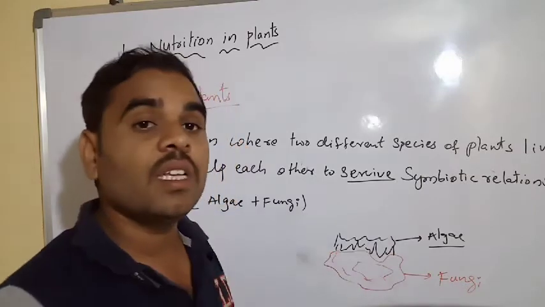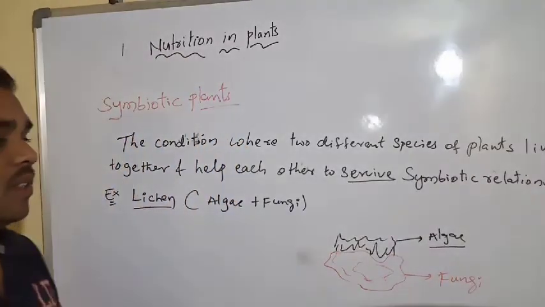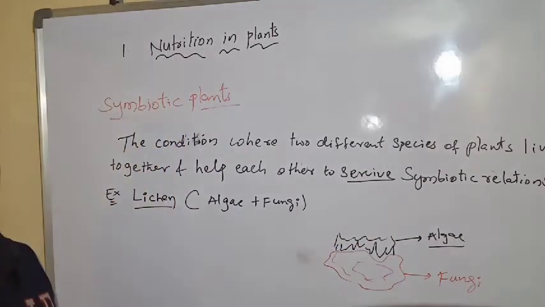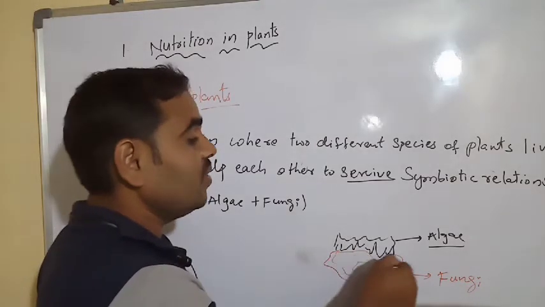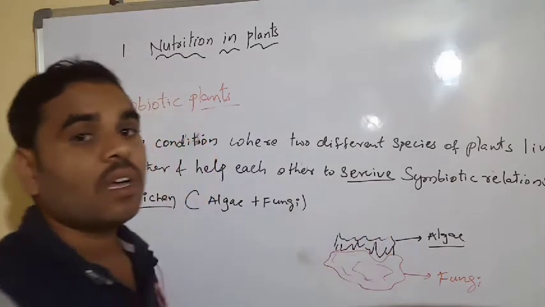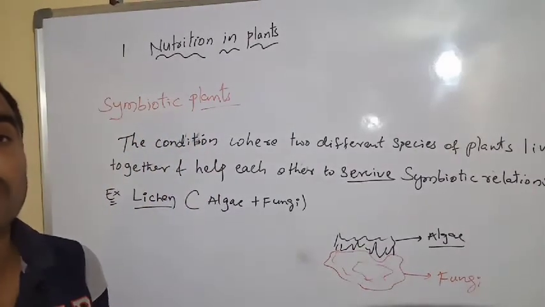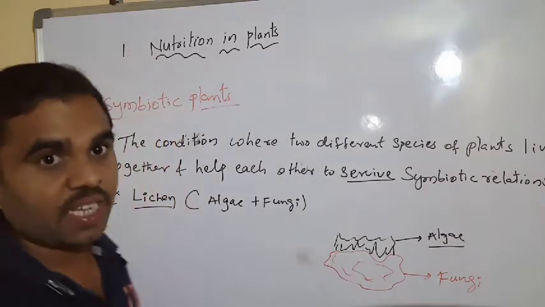Algae prepares the food substances because algae is green in color, chlorophyll is present in the algae. Algae gives food and fungi gives shelter to them. This is a symbiotic relationship.